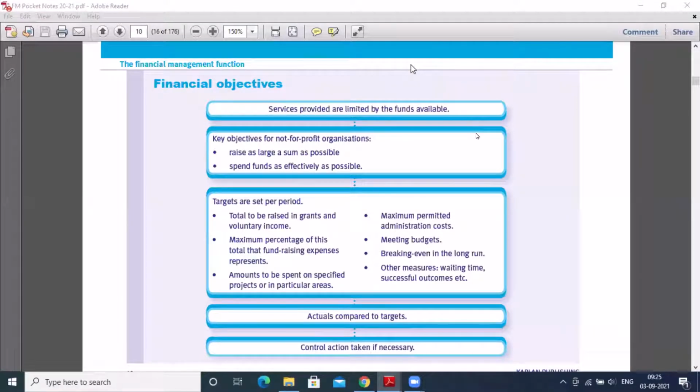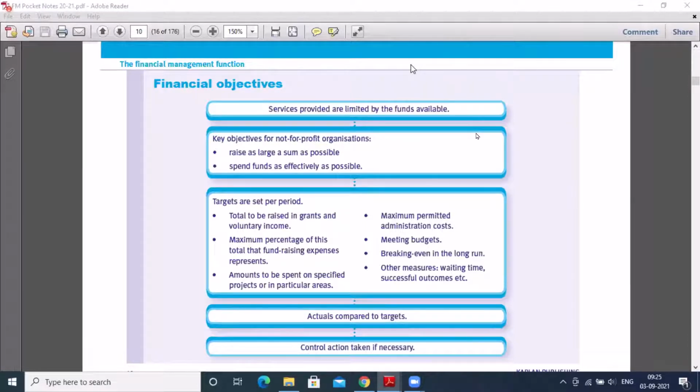Suppose a not-for-profit organization incurs $1 lakh every year, so this $1 lakh is their expenses, and during that particular year, how much fund are they collecting? What is the percentage of that particular fund? So they always try to raise the maximum. It means the maximum percentage of expenses should be raised through funds.